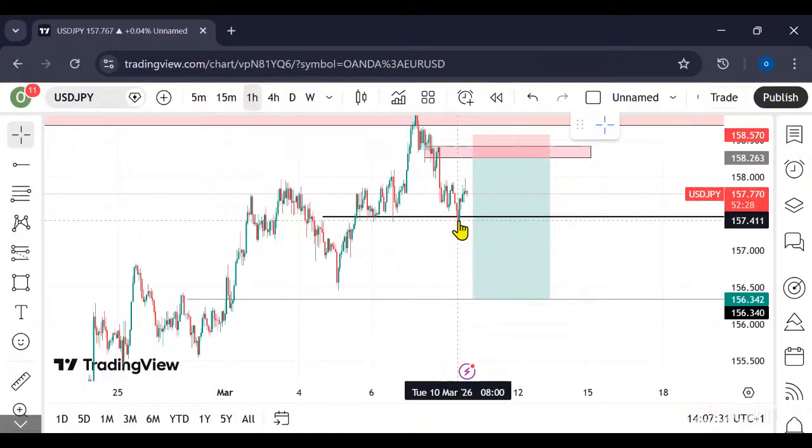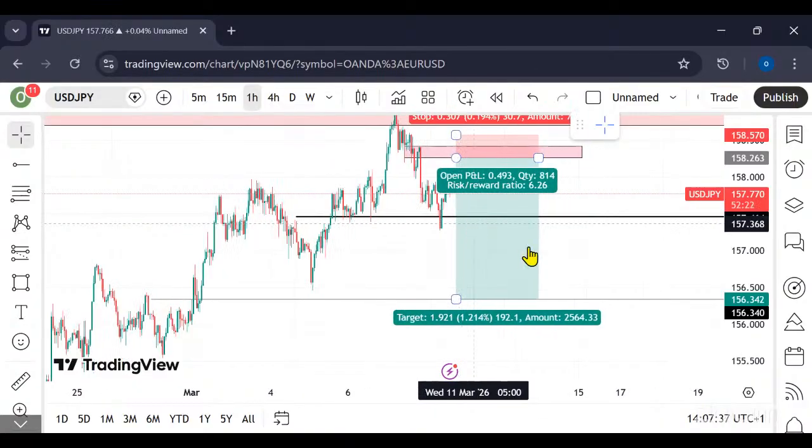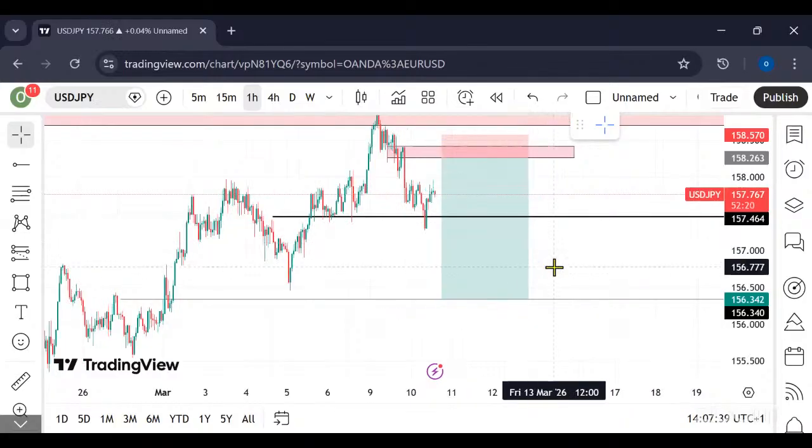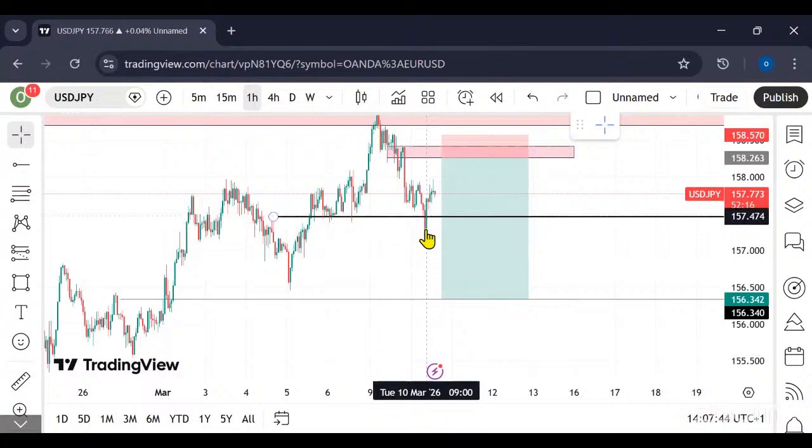Let me clarify your doubt. If you pay attention here, you're going to see a bullish engulfing candle here. A bullish engulfing candle, yes.